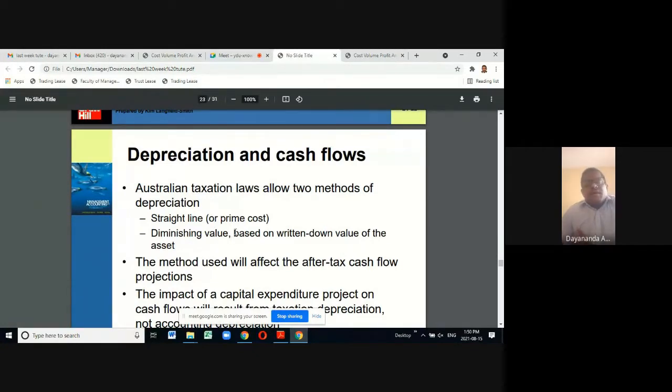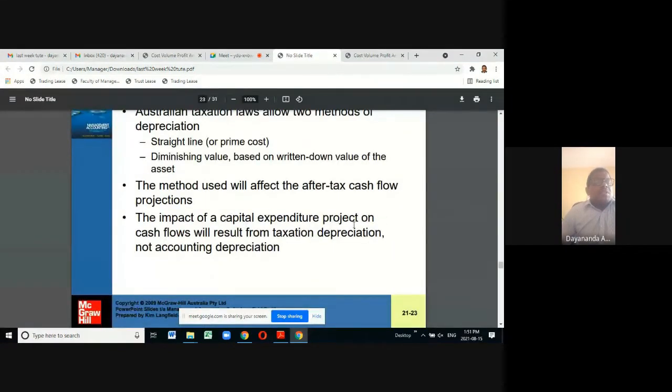Diminishing value means, you can remember the loan story, reducing balance: you always reduce the already settled capital amount from your loan balance. Similarly, when you calculate depreciation based on diminishing value, we reduce the already provided depreciation. That's how diminishing value works. The method used will affect the after-tax cash flow projection.